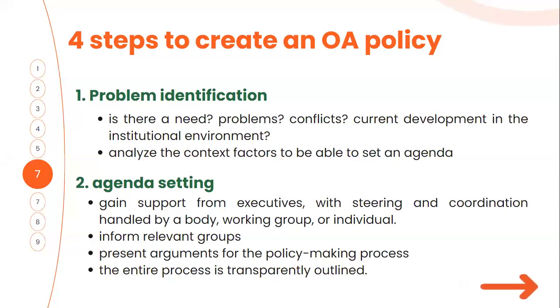Are there problems, conflicts, current development in the institutional environment? You need to analyze the context factors to be able to set an agenda. So the first step is identify the problem. And I'm quite sure that the problem within an African context is that in the majority of our countries, we don't have an open access policy. So we need to create one.